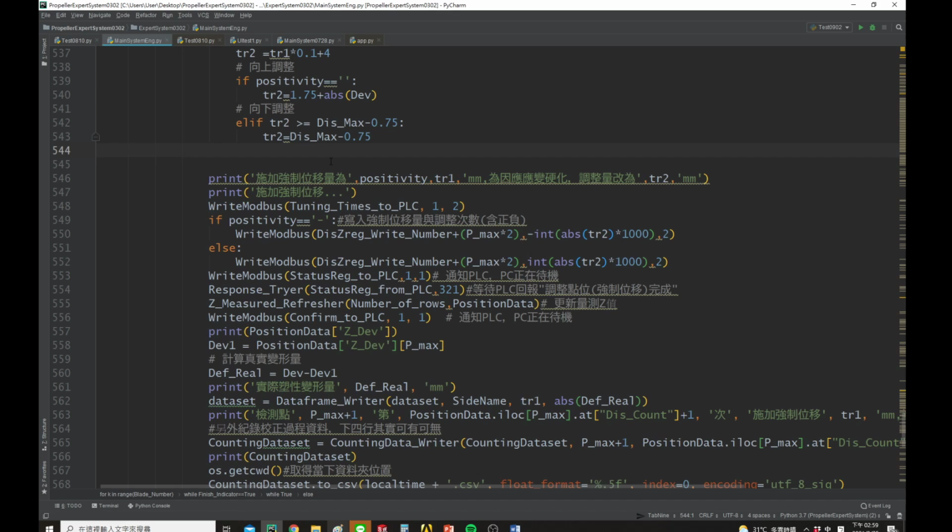I think it can be. I think 80 to 90% of propellers can be calibrated, can be tuned. But what is the rest?